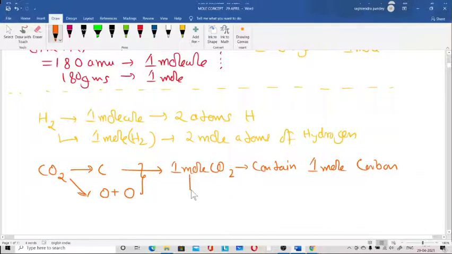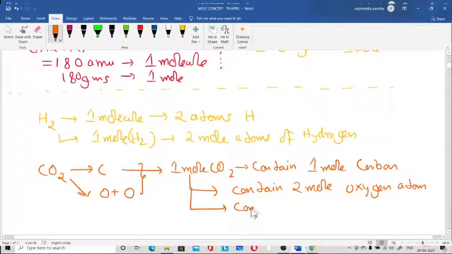Similarly, one mole of CO2 also contains 2 moles of oxygen, here meaning oxygen atoms, and it also contains 1 mole of O2? That is the difference.